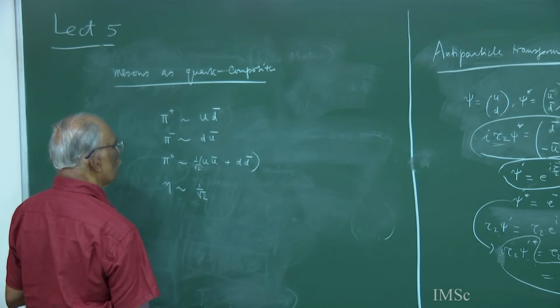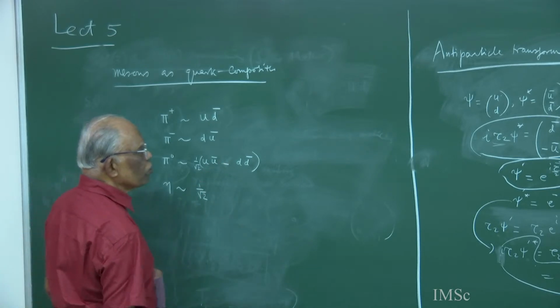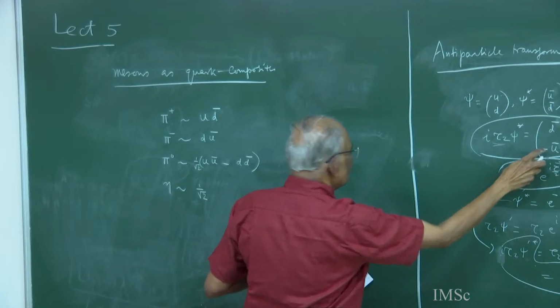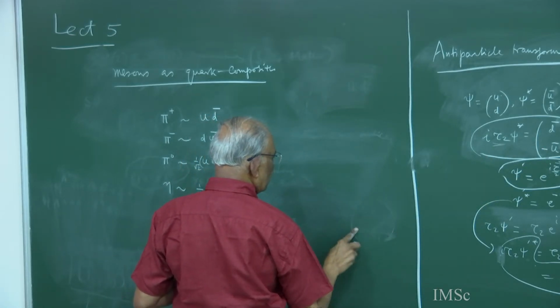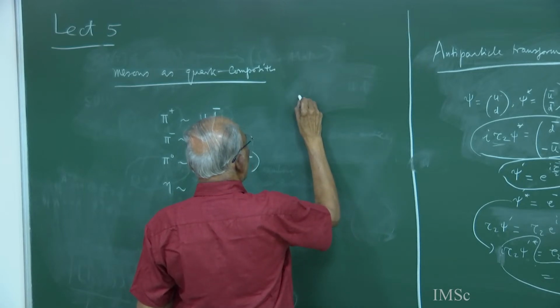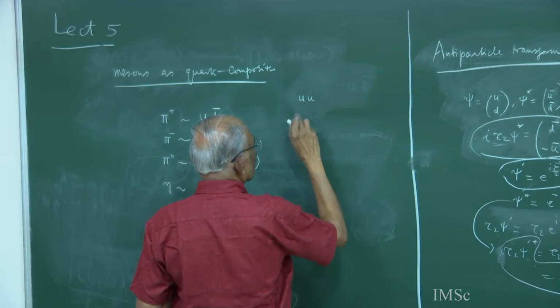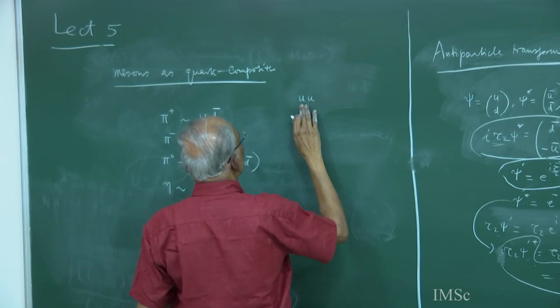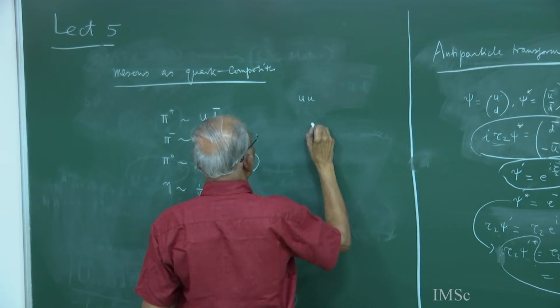It's the other way, right? It is just exactly the reverse because of the relative minus sign here. When I wrote down for the two, suppose I want to form a composite of u u, of course such a hadron does not exist, I will tell you the reason later.